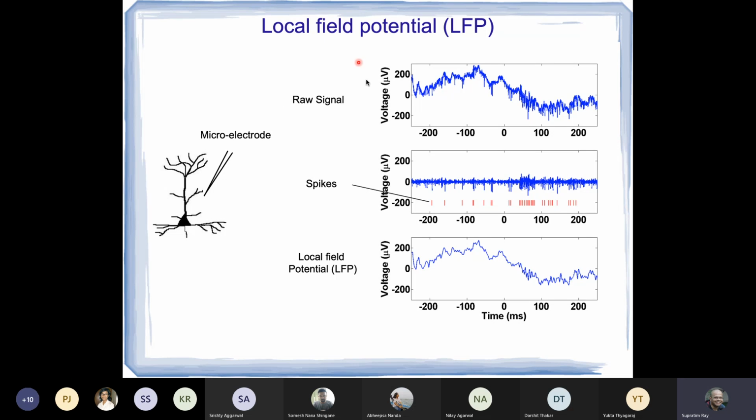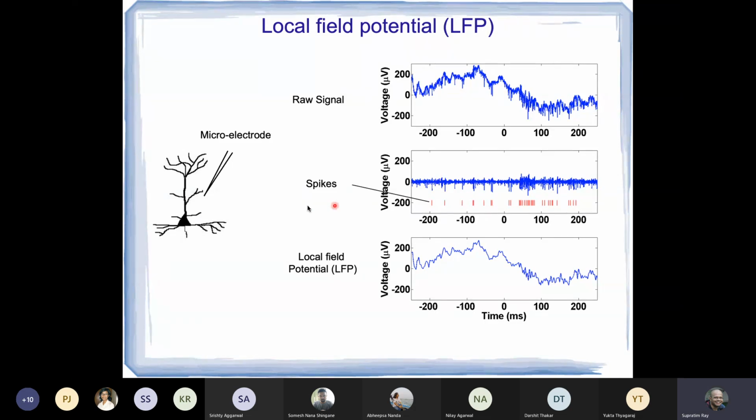Okay. So the raw signal looks like this, and it's only a few microvolts, not much. If I look at the high frequency content of this, this is the signal I get. Remember in the previous module, I was telling you that you present a stimulus and you get action potentials.